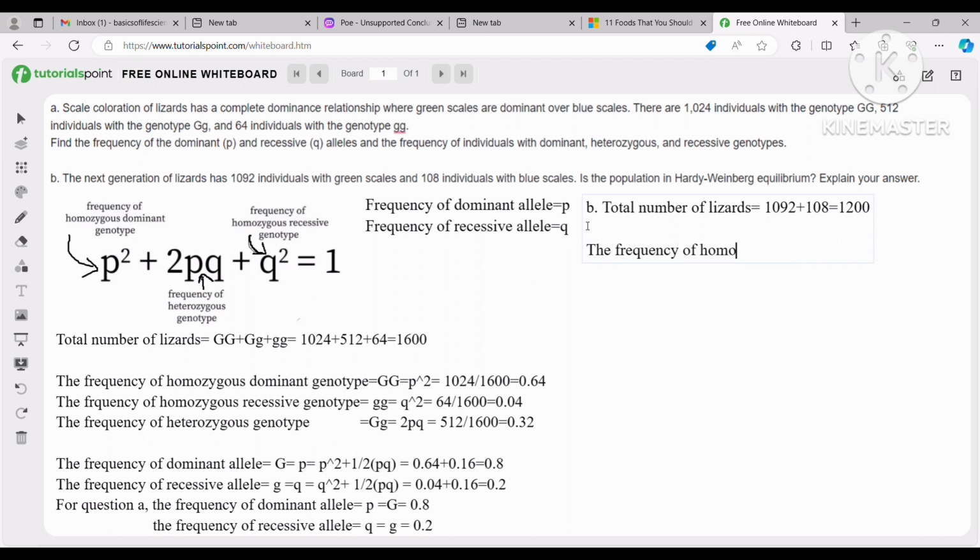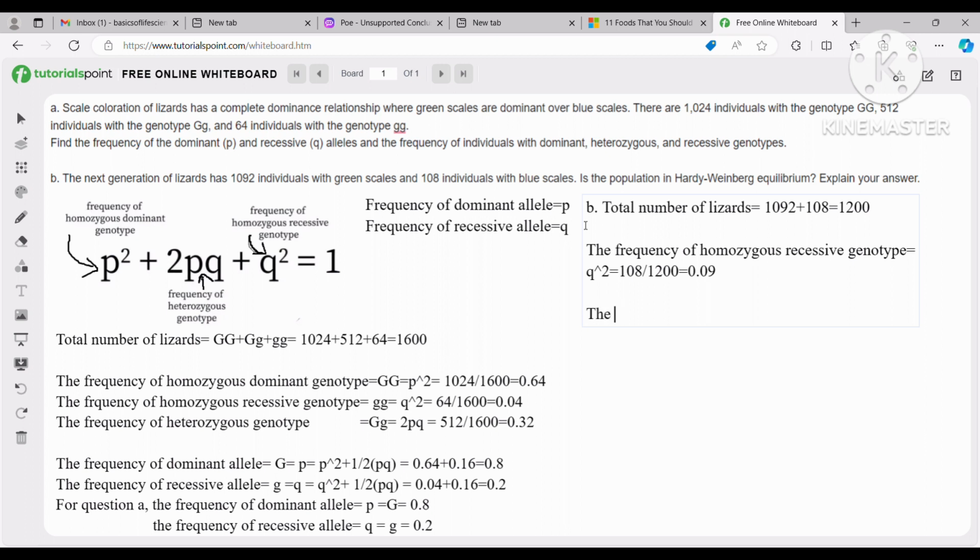But here they did not tell you the proportions of homozygous dominant, heterozygous, and homozygous recessive individuals. Heterozygous individuals also appear with the dominant phenotype, so you cannot differentiate who is homozygous dominant and who is heterozygous.